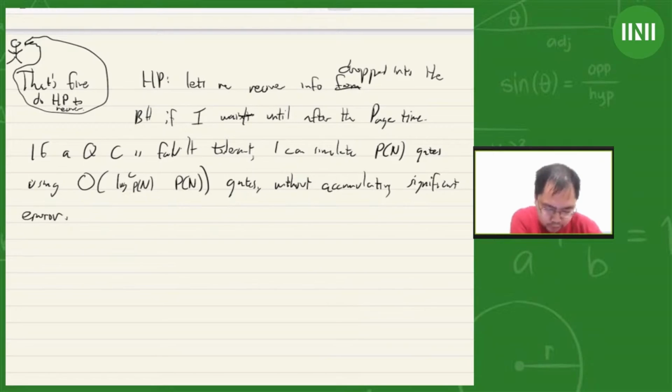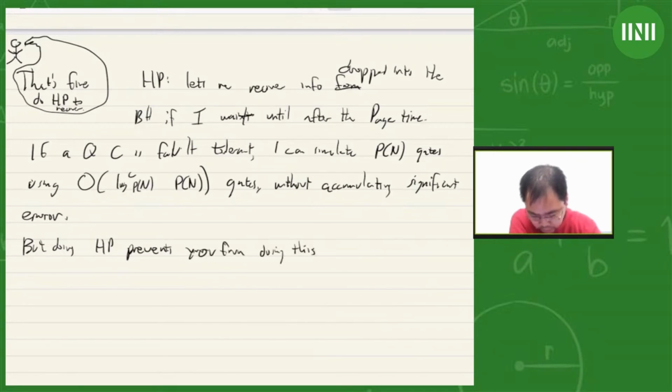But this is precisely what you can't do. Hayden-Preskill specifically makes it such that the overhead that you get will be greater than a polylogarithmic overhead factor. Because in Hayden-Preskill, the time that it takes to run that protocol depends on the number of qubits associated with the black hole and the number of qubits in the message that you throw in.